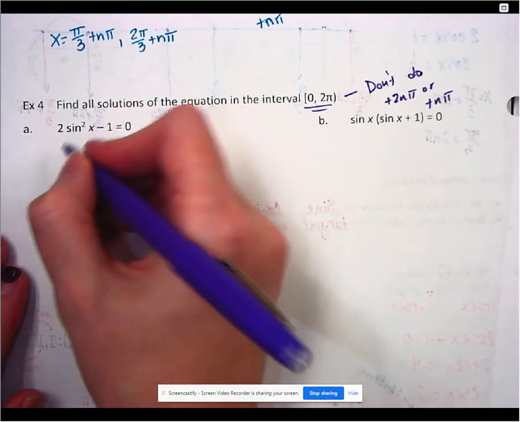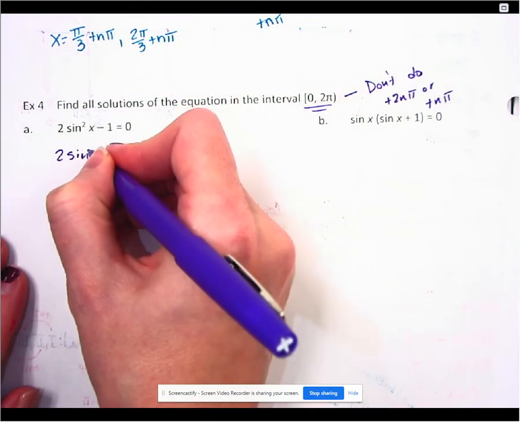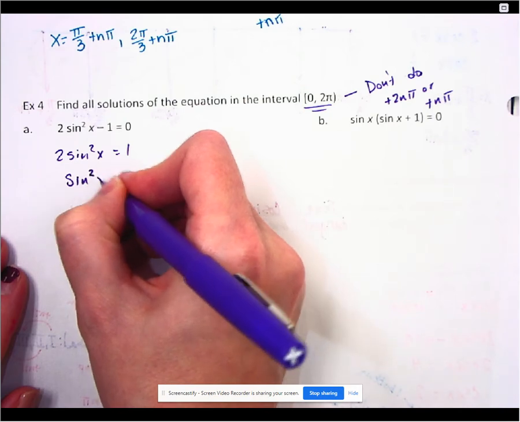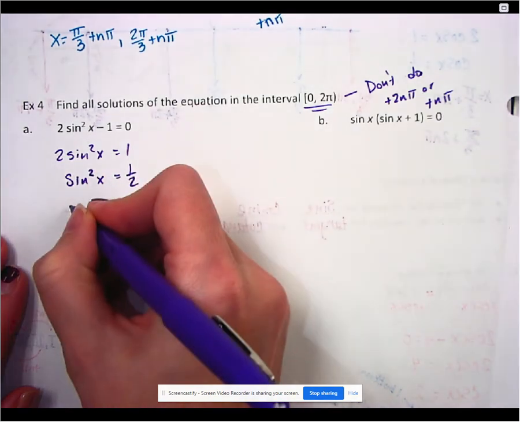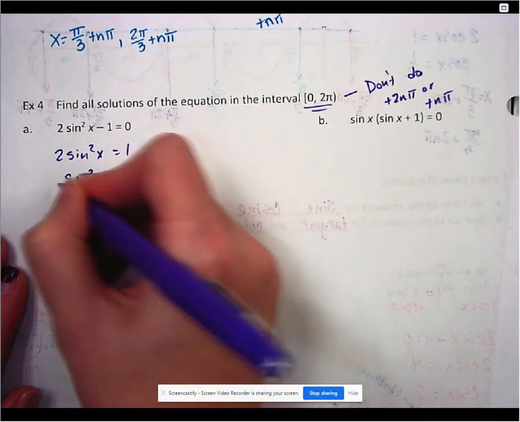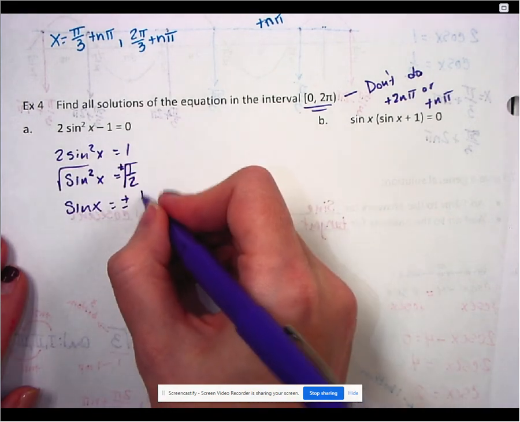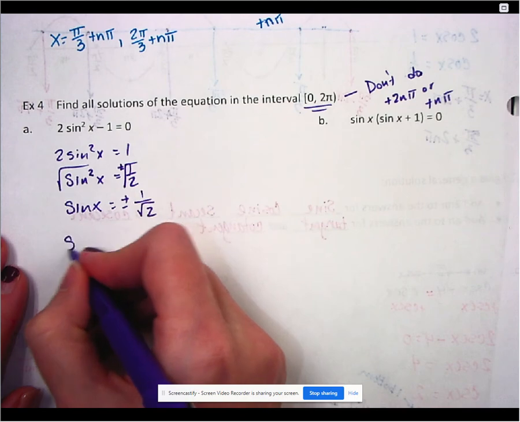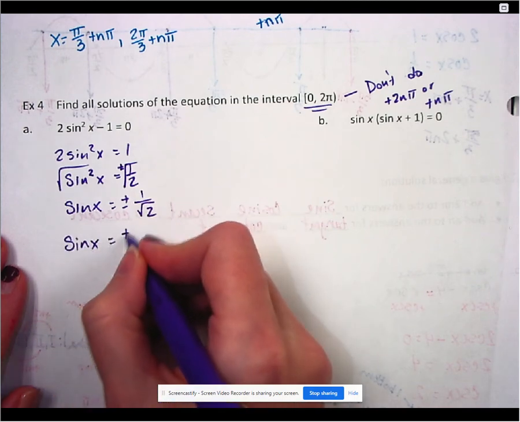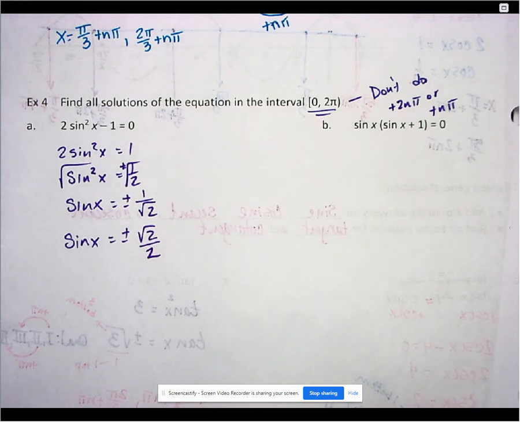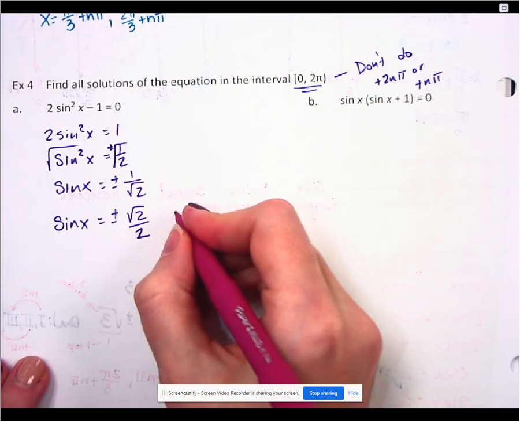All right, so let's go ahead and solve this for sine of x. All right. So plus or minus means all four quadrants.